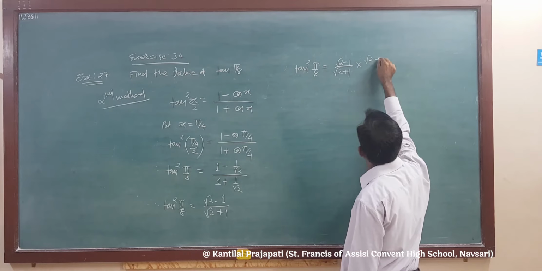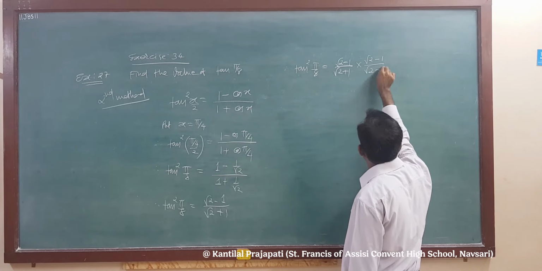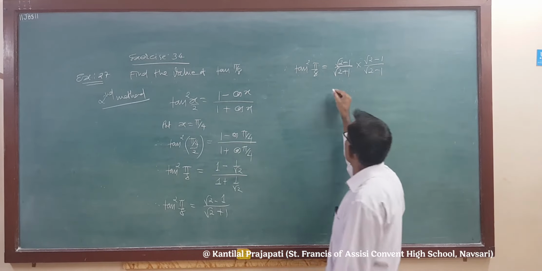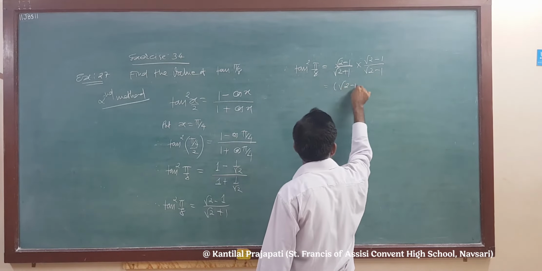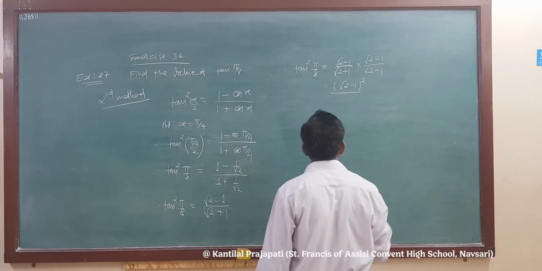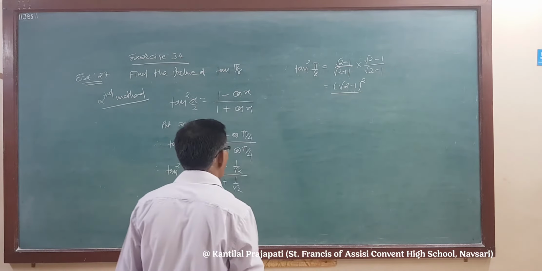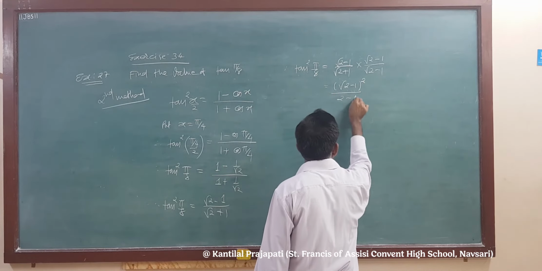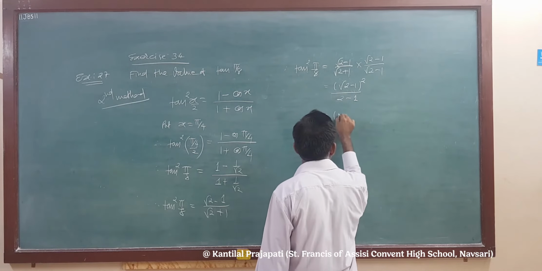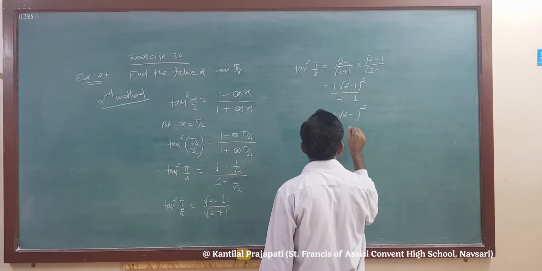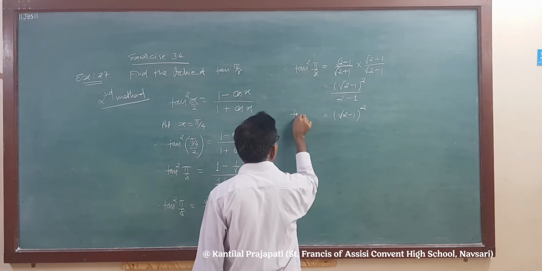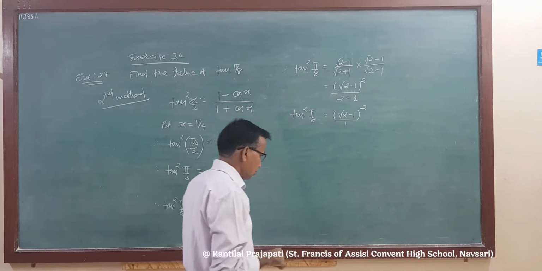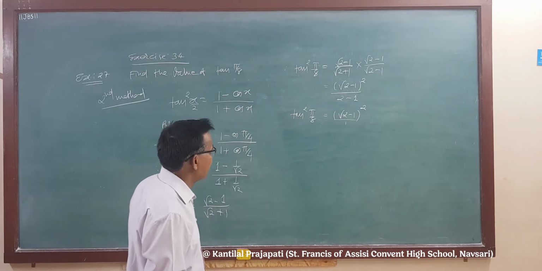So it is root 2 minus 1 whole square upon 2 minus 1, which is root 2 minus 1 whole square upon 1. So tan square pi by 8 equals that upon 1.